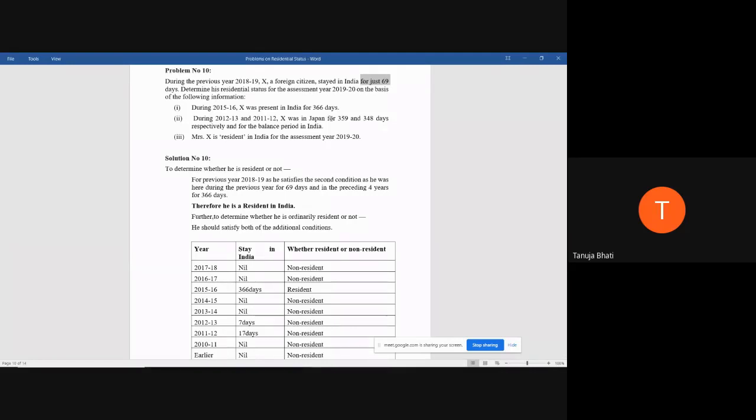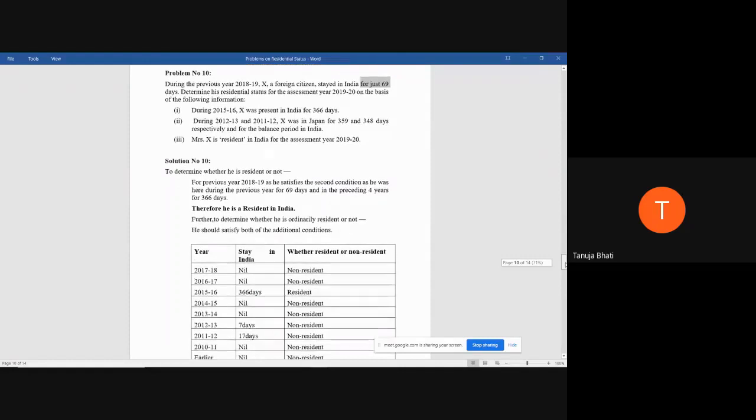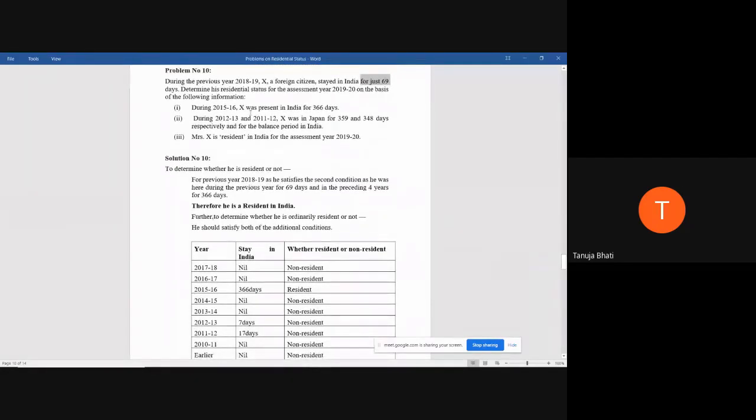A. Now let us see whether he is satisfying the second basic condition, which is specified under section 6 subsection 1 clause C. So to determine that, we have to see the 4 years immediately preceding the current previous year. So now what is the previous year? It is 2018-19.